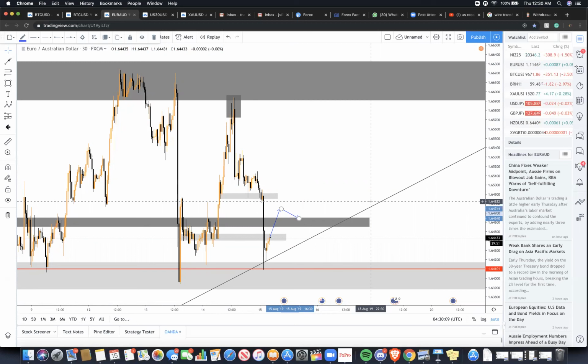Okay? When I enter my trade, I must know where my area of take profit is, or my area of interest for the market to reach, my areas where the market can retrace, and potential areas where the market may have trouble going past.